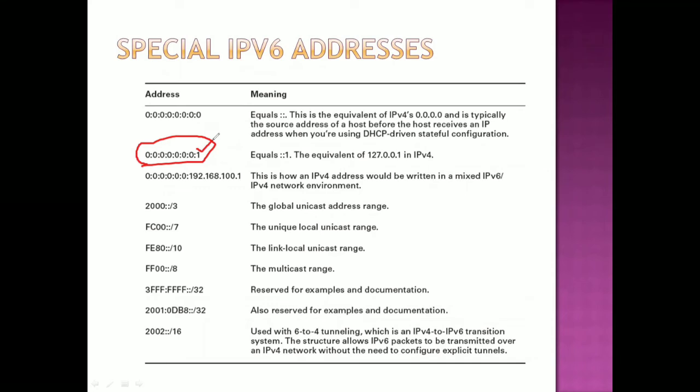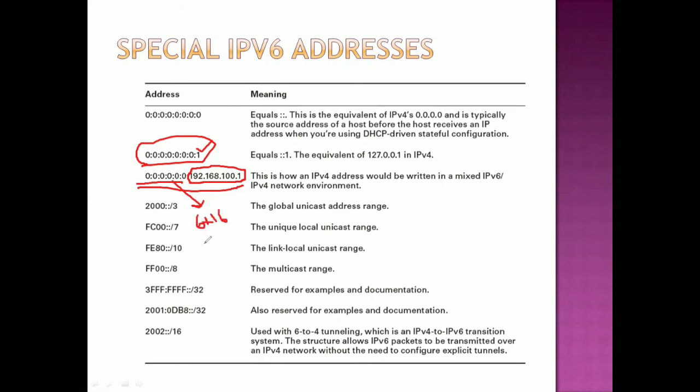Now moving to the conversion of an IPv4 address into an IPv6 address. The IPv4 address can be converted into an IPv6 address by using this format. Here you can see that the last portion, 192.168.100.1, is the IPv4 portion of your address. And then we have attached 6 more blocks. Why so? Each of these 6 blocks is of 16 bits.